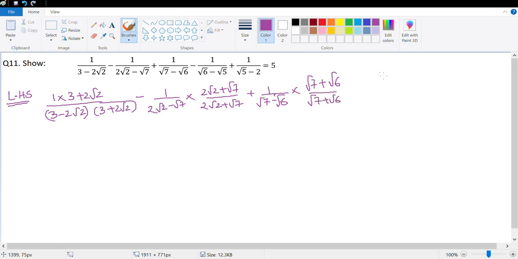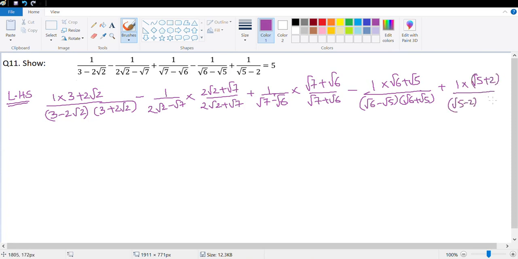The fourth term, that will be 1 multiplied with root 6 plus root 5, and in the denominator I'll have root 6 minus root 5 multiplied with root 6 plus root 5. And the last term, there will be 1 multiplied with root 5 plus 2, and in the denominator I'll have root 5 minus 2 multiplied with root 5 plus 2. Oof, that's a lot of rationalization.